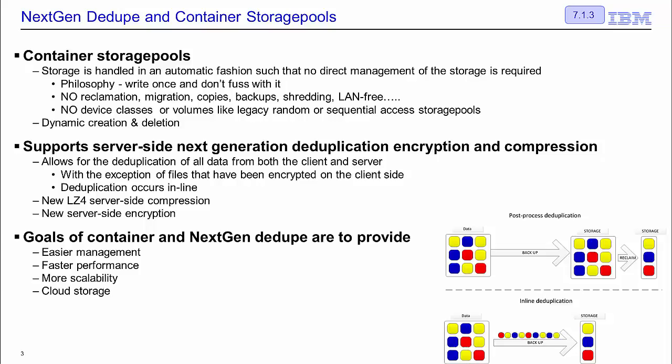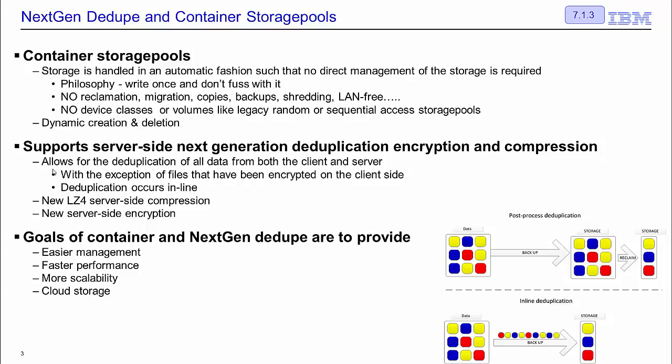All these types of manipulations we used to do are still available in the legacy type of storage pools, the file, the volume, the tape storage pools. With the container storage pools, we do not have any device classes or volumes that have to be defined like you would do with legacy random or sequential access storage pools. All of the containers are dynamically created and deleted inside of the containers.